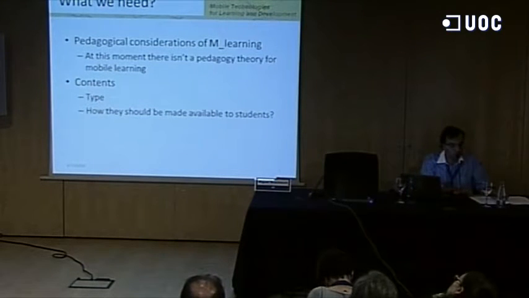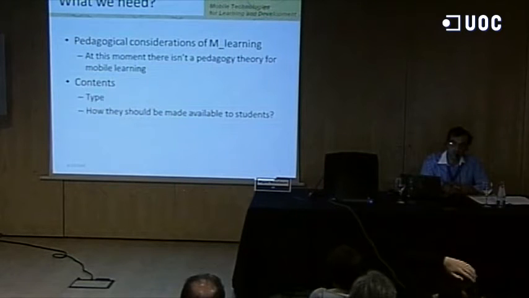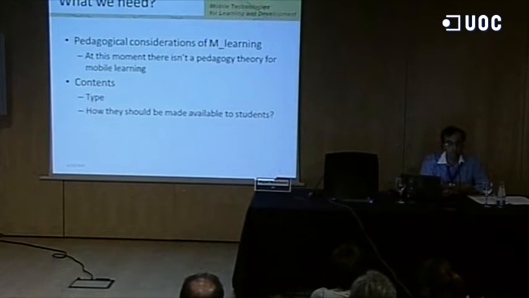At this moment, what kind of contents do we have? We have four types: text, video, image, and audio. You can use these contents according to the device that you are using.